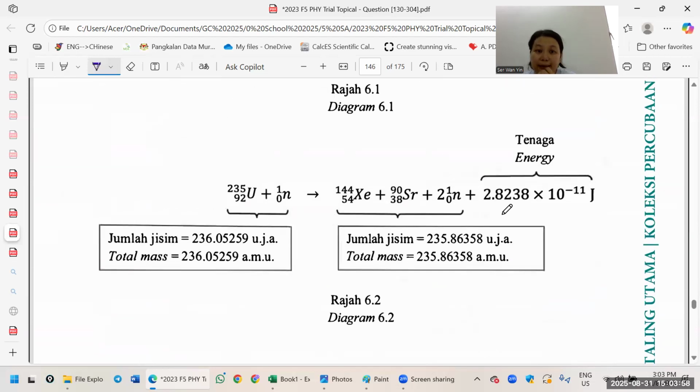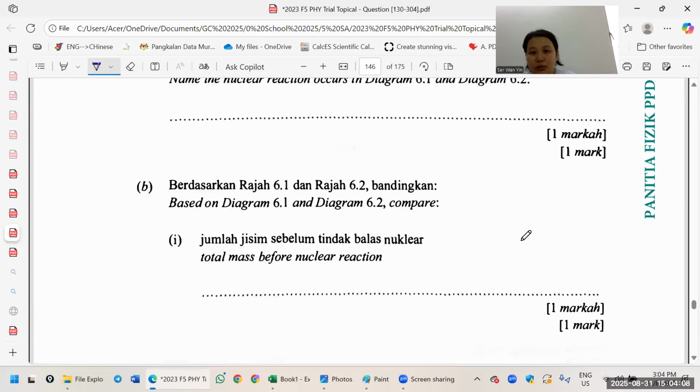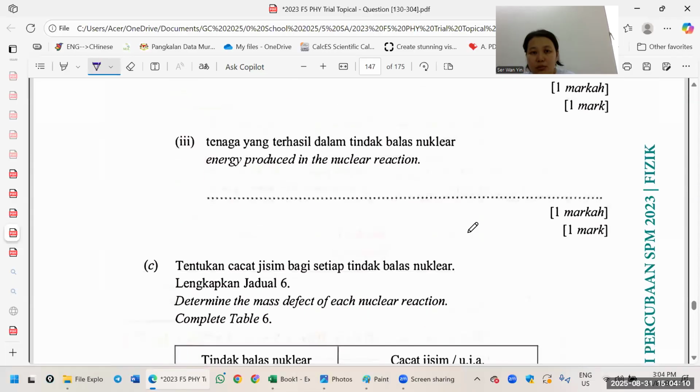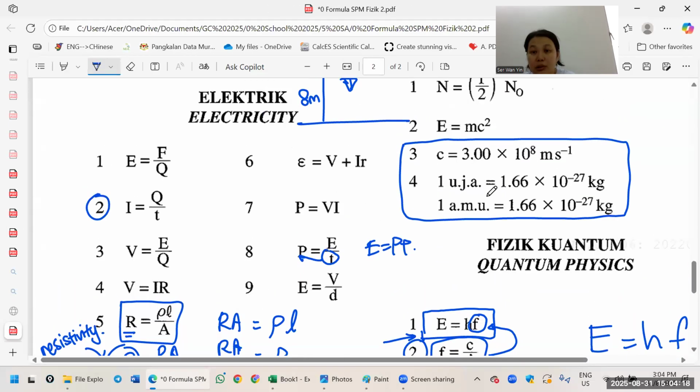Mass defect means total mass before minus total mass after. Then you change from AMU to kg. How to change? Do not worry.